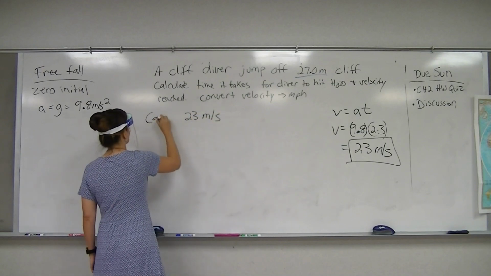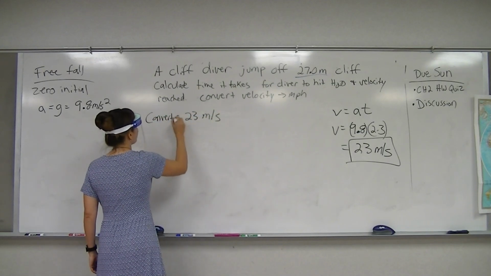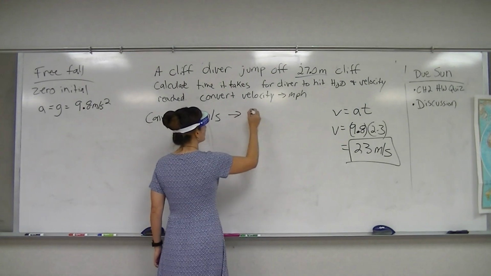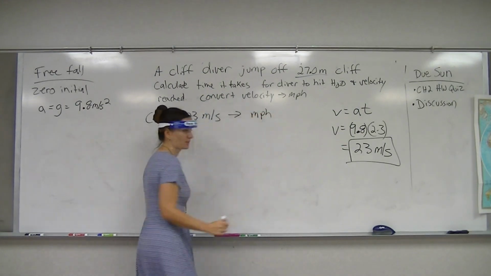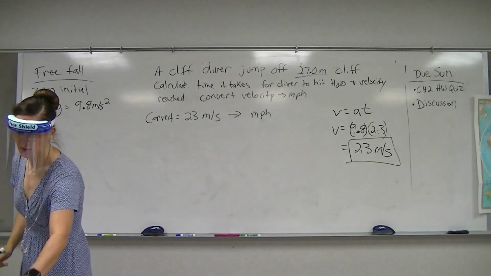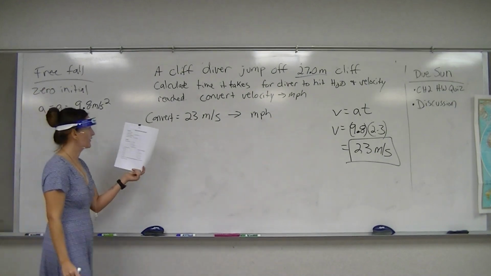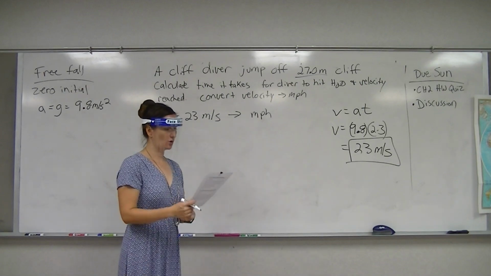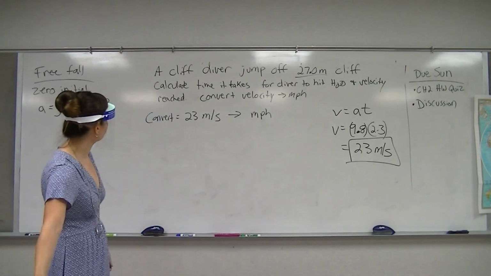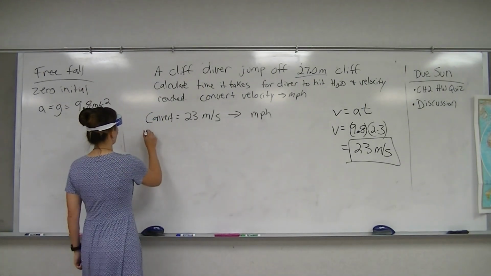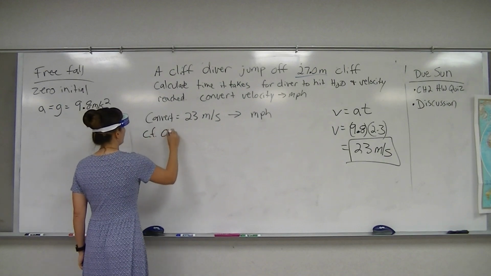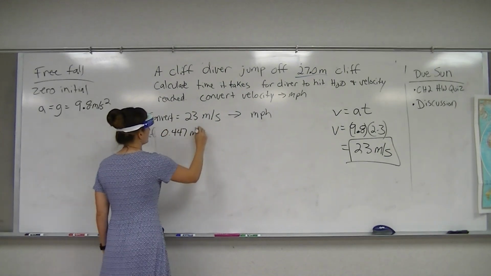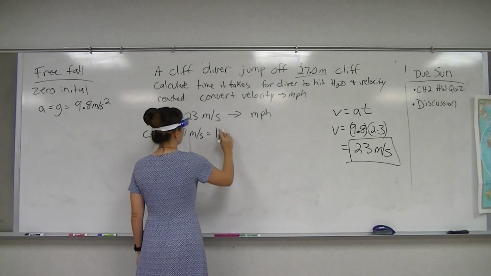So we're converting to miles per hour. And there is a conversion factor going directly there. It's the very first conversion factor on your chapter 2 equation sheet. So the conversion factor we're using is 0.447 meters per second is equal to 1 mile per hour.